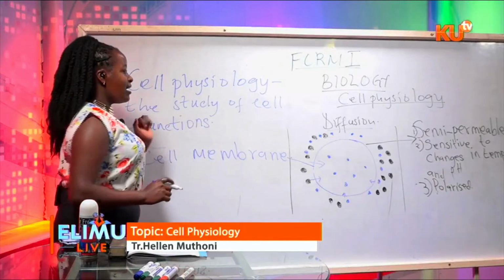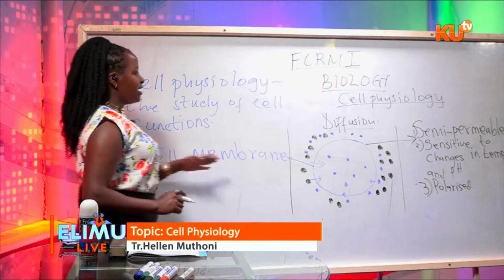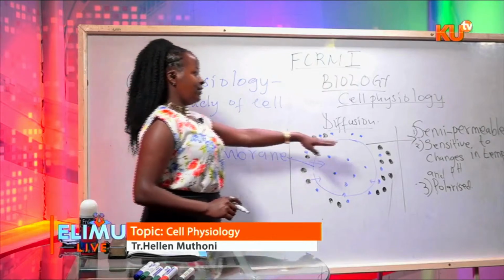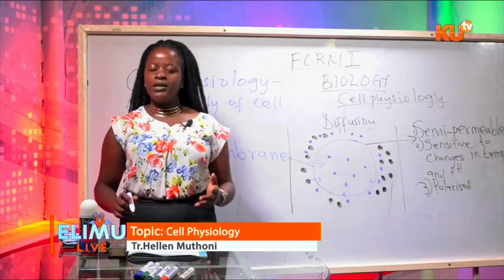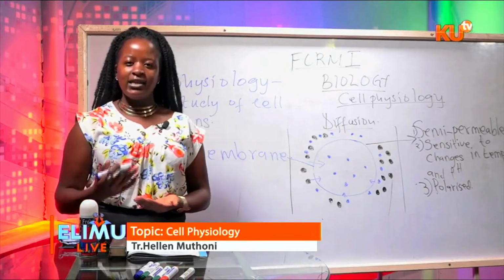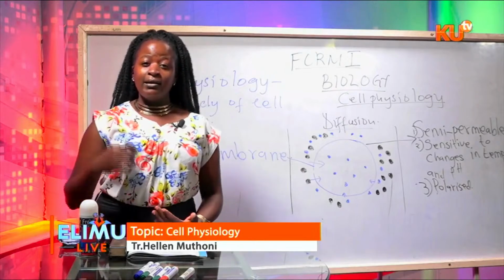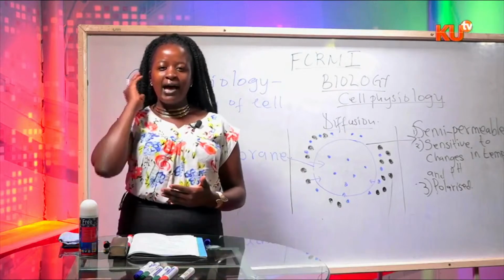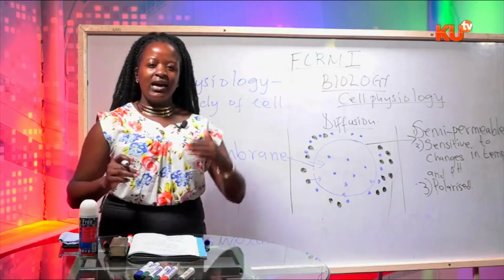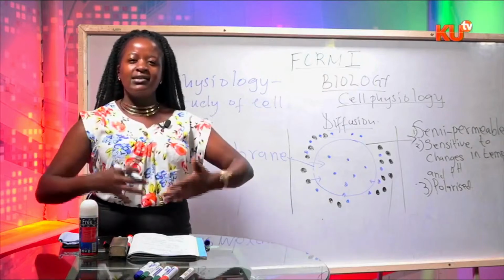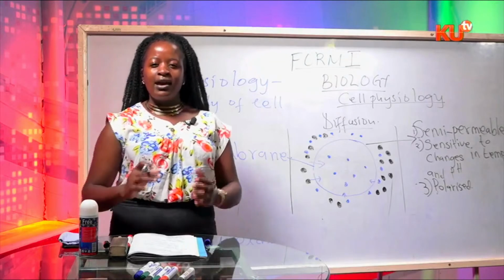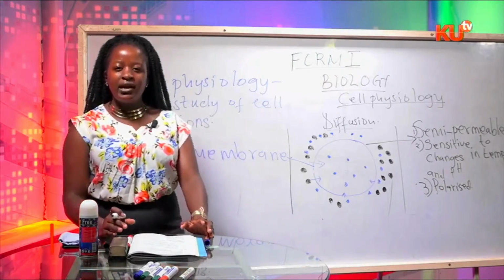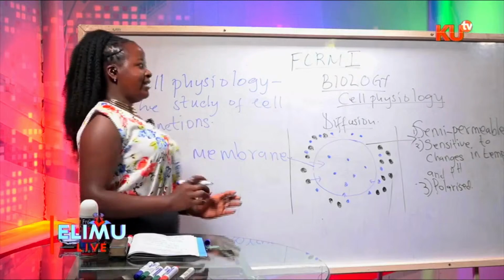The other characteristic of the cell membrane is that it is sensitive to changes in temperature and pH. When there's high temperature, the cell membrane has proteins which, if the temperature rises above normal or above optimum, will get denatured.